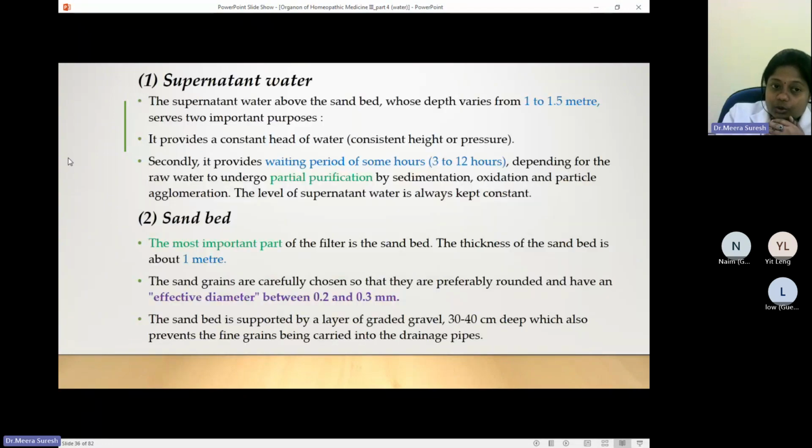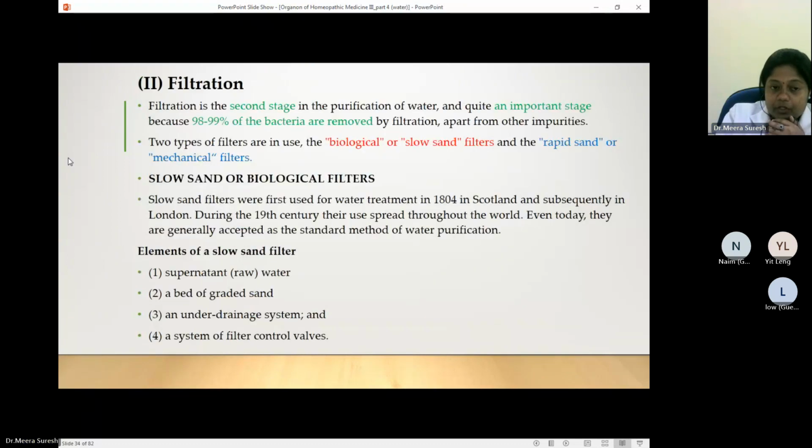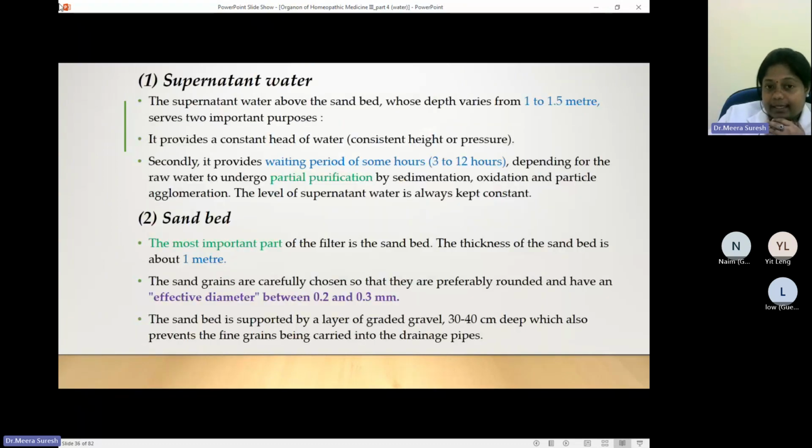So now we'll go to the details. We saw that there is a supernatant layer of water which is about 1 to 1.5 meter, and it is for two purposes. One is to provide a constant head of water, or a constant pressure that is being kept constant.